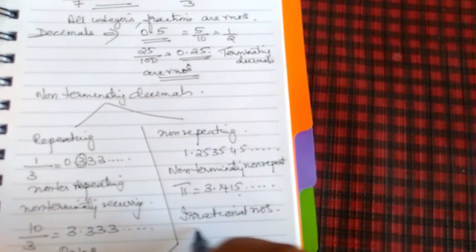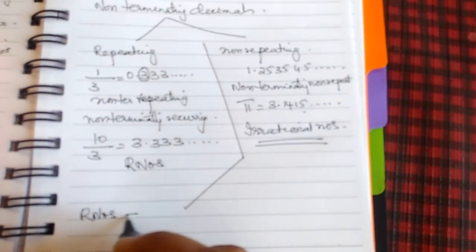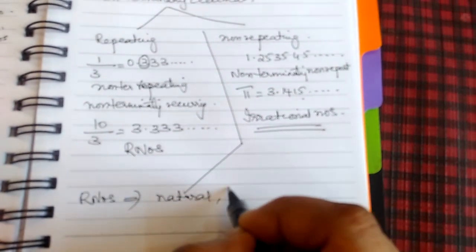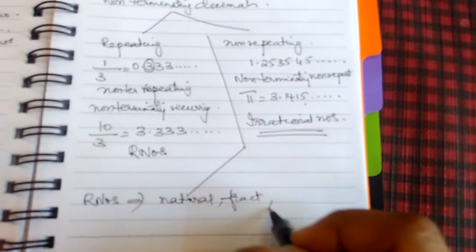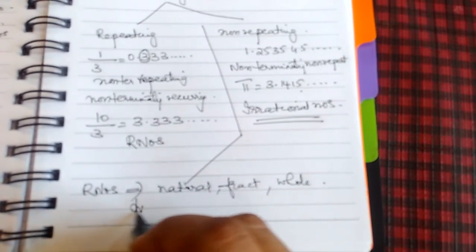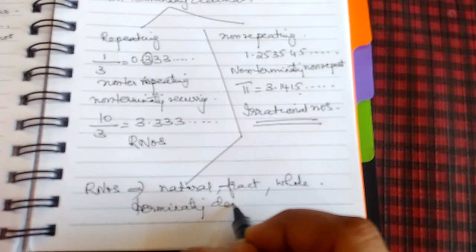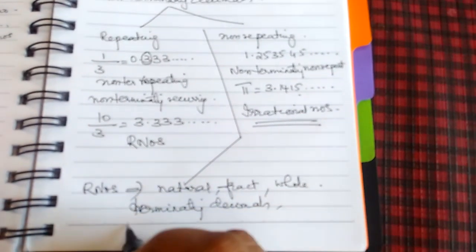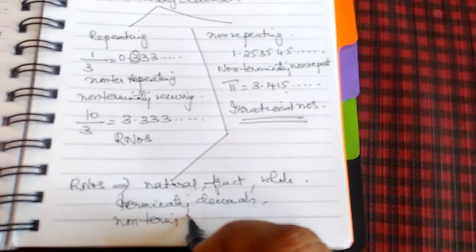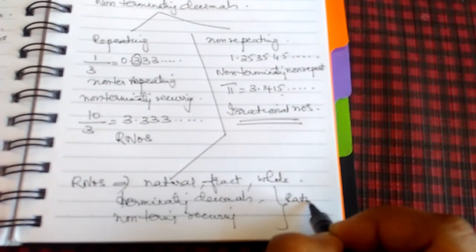So you want to consider only rational numbers. Rational numbers include natural numbers, fractions, whole numbers, terminating decimals, and non-terminating recurring decimals. All are rational numbers.